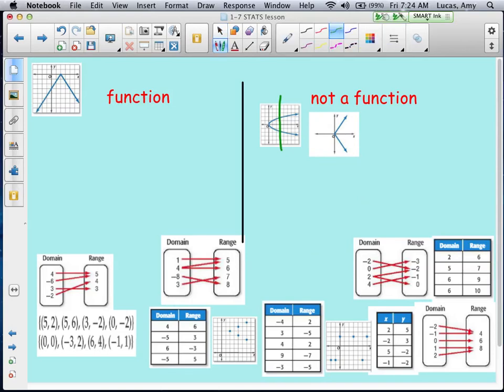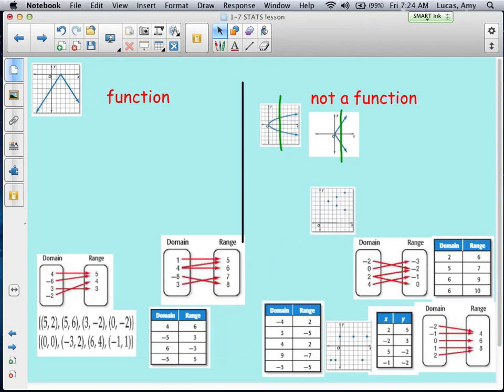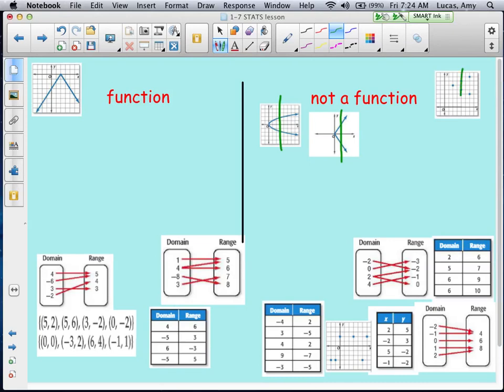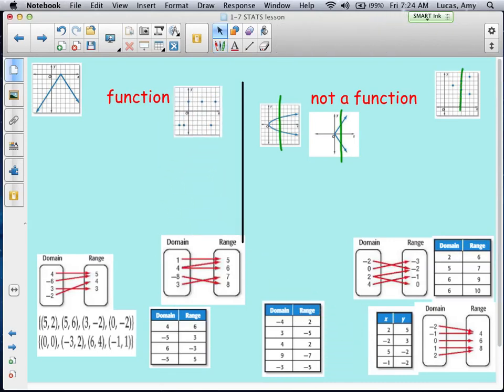My vertical line again, if I draw one over here. The next graphs they would go to. This one fails. Right there. This one passes.